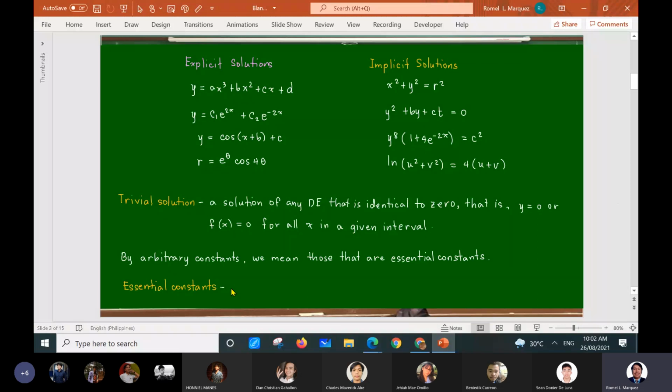Meaning, there are no 2 arbitrary constants, for instance, that you can still combine to reduce the number of arbitrary constants. Okay, guys?